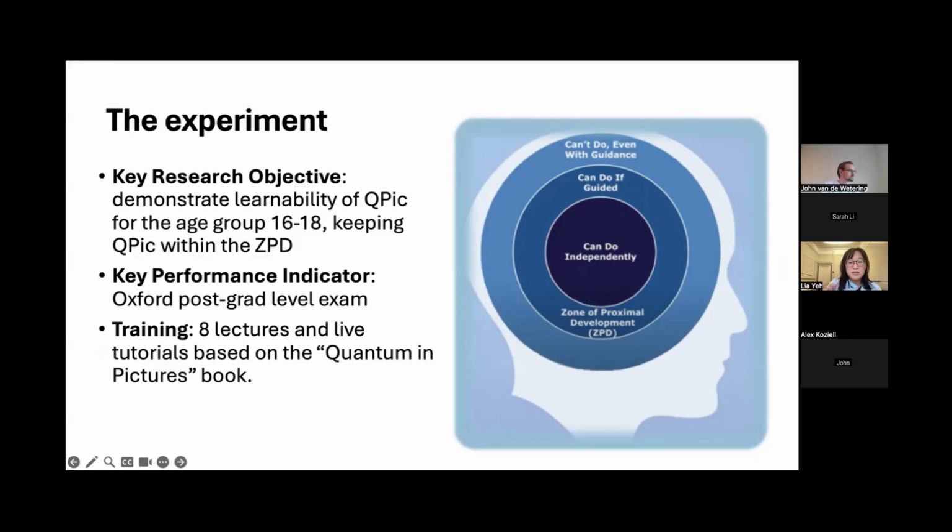Every single question from the exam was from a past University of Oxford Computer Science Department postgraduate exam. We do have the matchups of which question came from which exam for which year. And the training that the students received, the part that constitutes the guidance here, is these 8 lectures, which were pre-recorded.